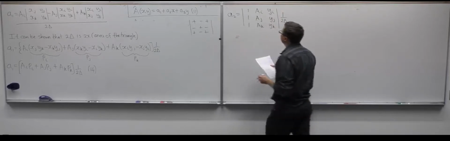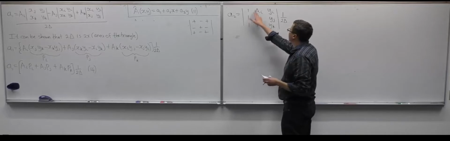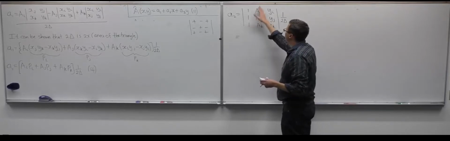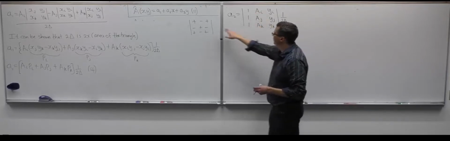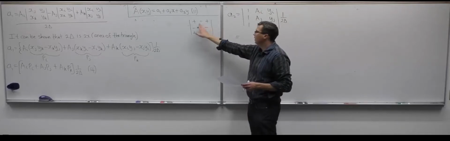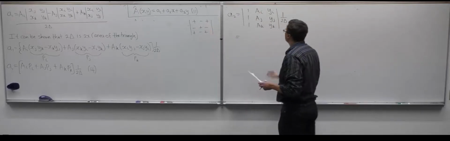Now this is the second term. I want to keep the a_i, a_j and a_k at the front, so in order to evaluate that, it's going to be a minus, plus, minus in front of the determinant.